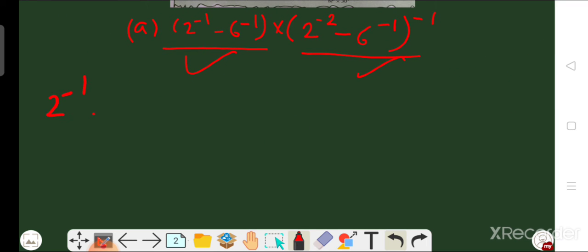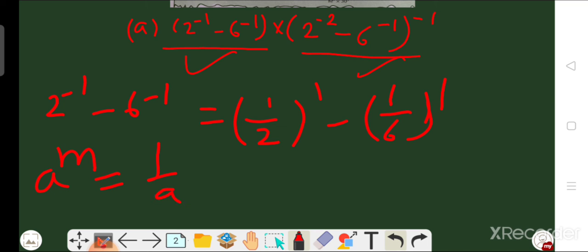2 raised to the power minus 1 minus 6 raised to the power minus 1. What is this equal to? 1 by 2 raised to the power 1 minus 1 by 6 raised to the power 1. Okay. By using the property a raised to the power m is equal to 1 by a raised to the power minus m. Okay.